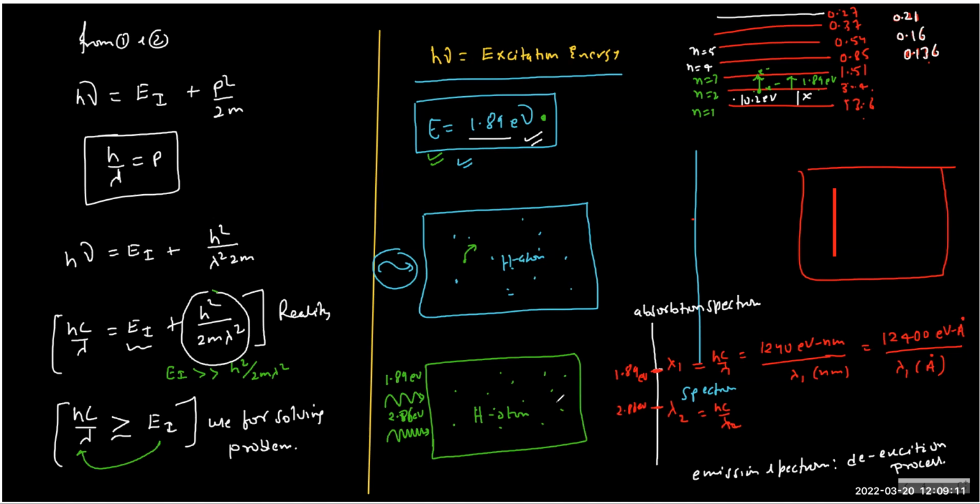So the first step is of course the absorption spectrum. Then you know what is going to happen, and we have realized one thing. Let's say this is problem number 2, this is problem number 1, and here we have a 1.89 eV photon, and here we have 2 photons, as you can see. So try to understand the world of atoms and how they behave.